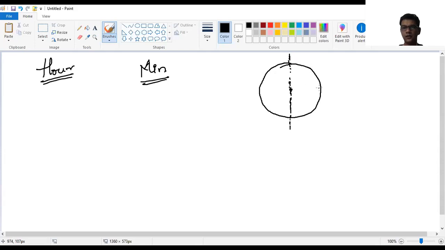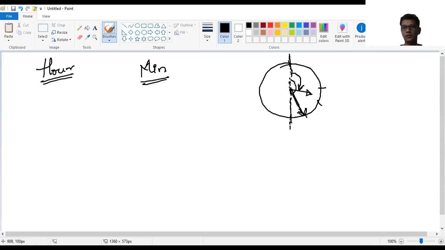So let's say that I am talking about a time which is 3:25. If I want to know the angle between the two hands, I need to first know the angle from this virtual line to 3, and I need to know the angle from the virtual line to 25 minutes.